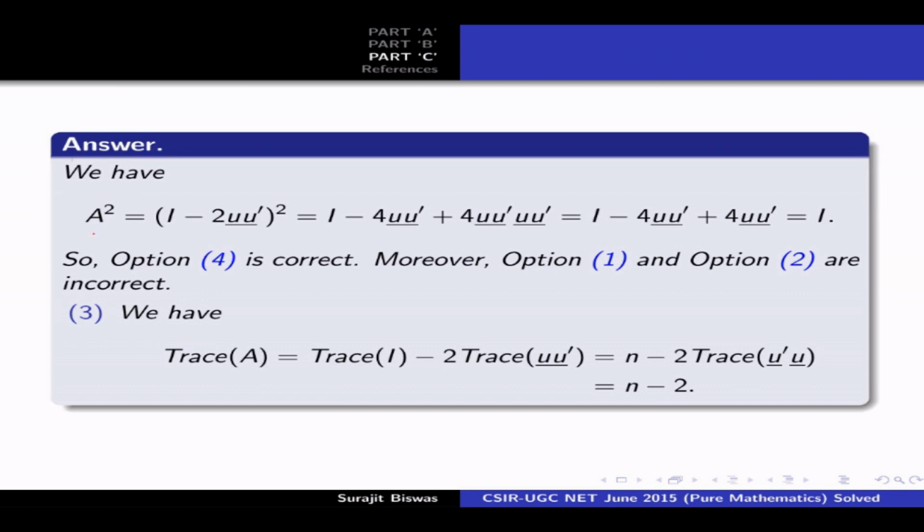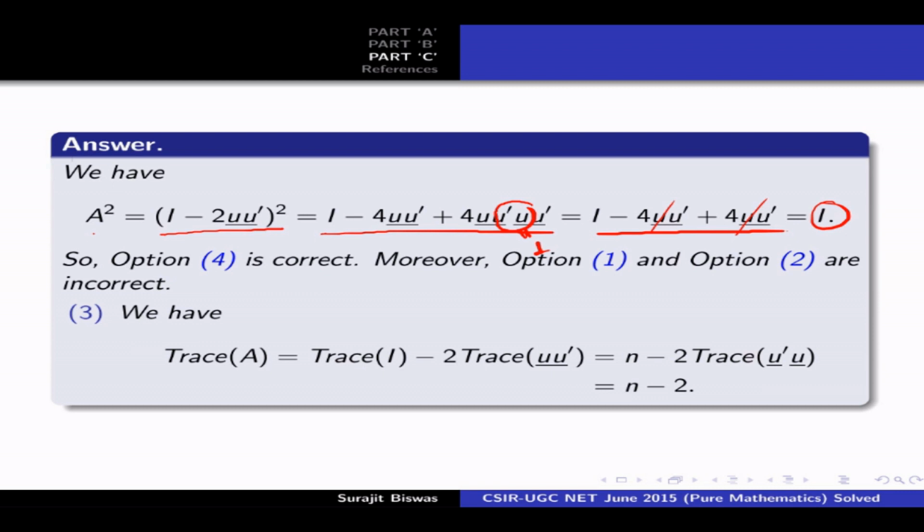We have A square equal to I minus 2 times U U dashed square, and if we split, we'll have I minus 4 U U dashed plus 4 U U dashed U U dashed, but in the middle we have U dashed U, which is equal to 1, and therefore the terms cancel each other and only I is left out.